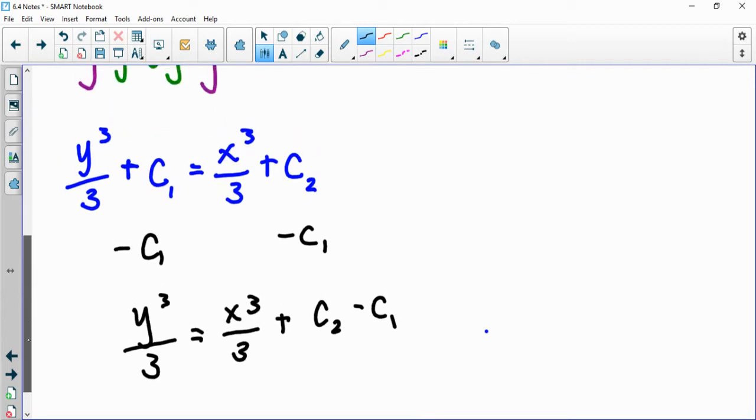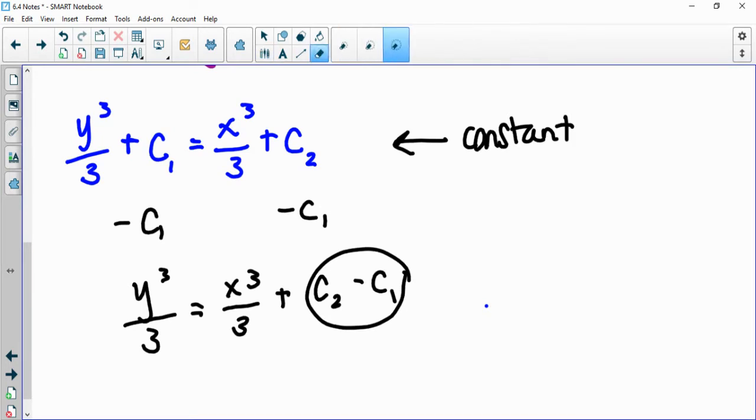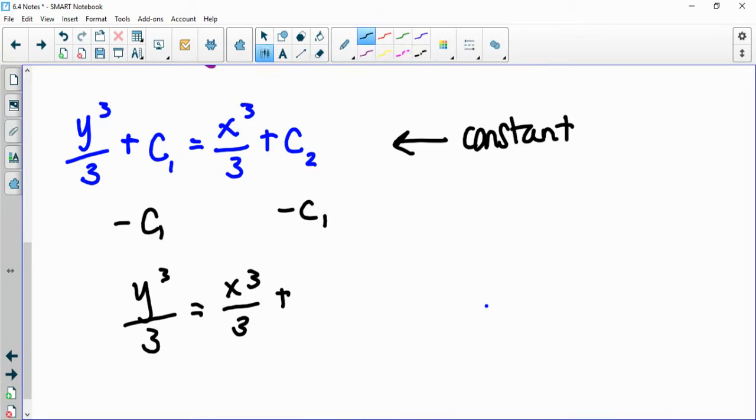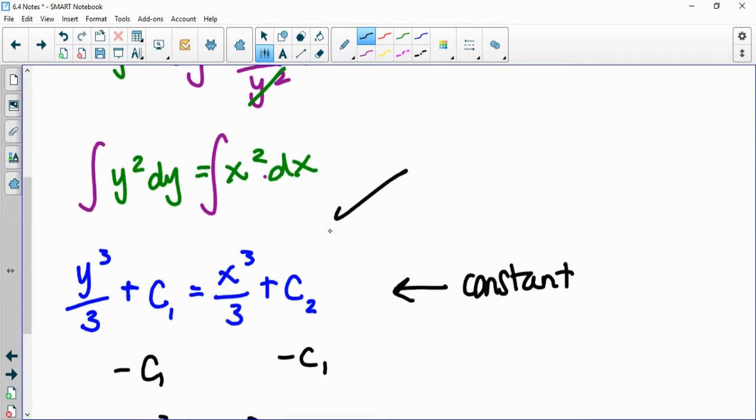And remember, these c's are constants. So right here, instead of writing c2 minus c1 every time, I'm just going to change it to a c. It's just a different number. It's still a constant. And honestly, this is what I do most of the time in this step.